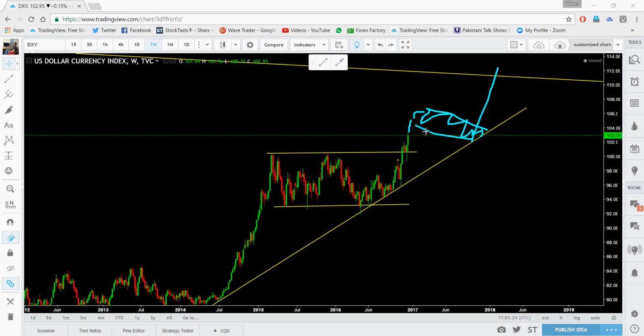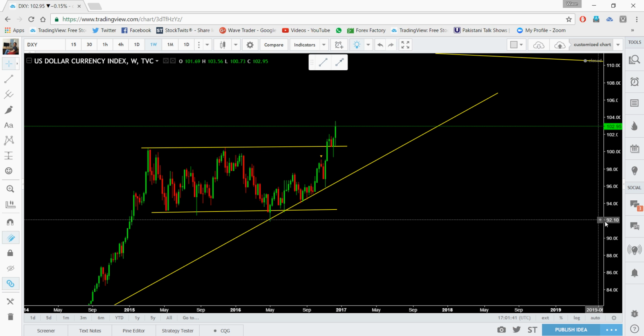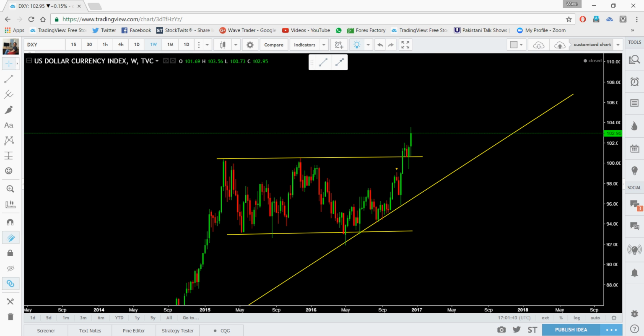Okay, so if this move gonna lose its momentum, then obviously price gonna come close to the trend line. Okay, bigger correction may form. If this breakout starts to lose momentum, then definitely price gonna come close to the trend line.